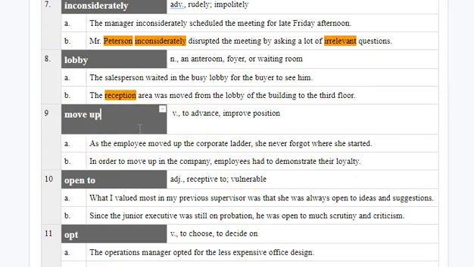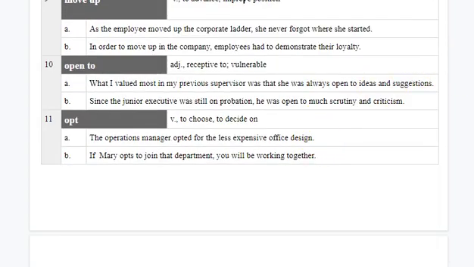Move up, verb, to advance, improve position. As the employee moved up the corporate ladder, she never forgot where she started. In order to move up in the company, employees had to demonstrate their loyalty.